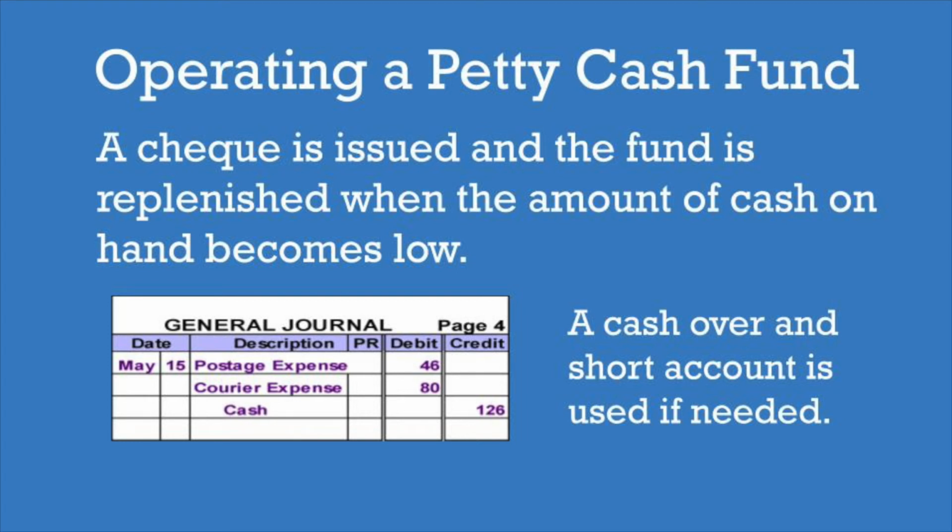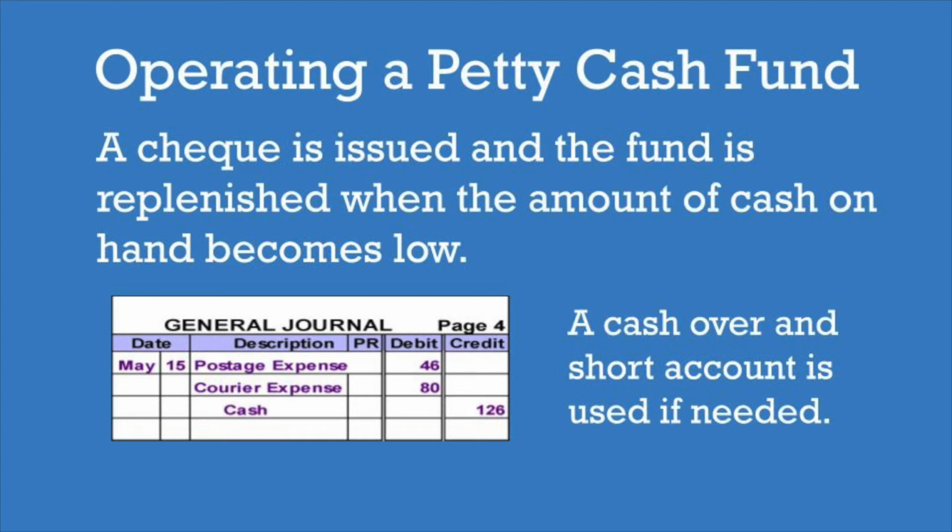We pull them out and we say, okay, we spent $46 on postage. We spent $80 on courier. We're going to journalize those as an expense to the appropriate account. So postage expense gets debited and courier expense gets debited for $46 and $80 respectively, and this gets credited to cash. So this would clearly indicate what the money was spent for.